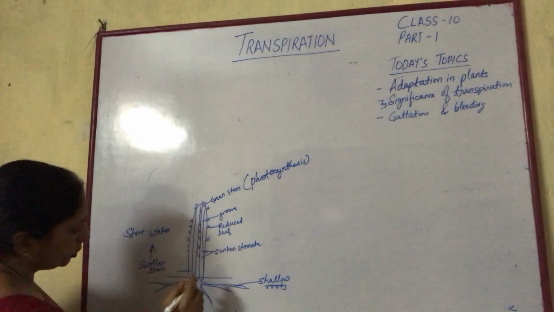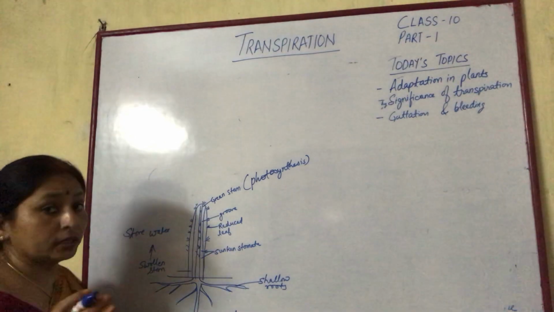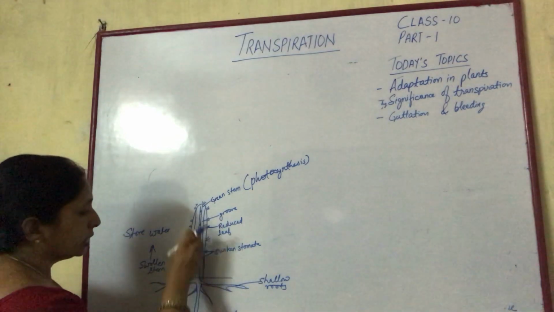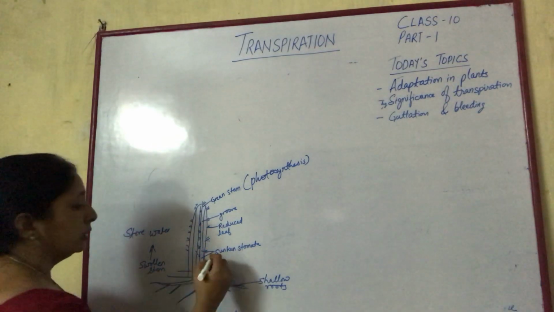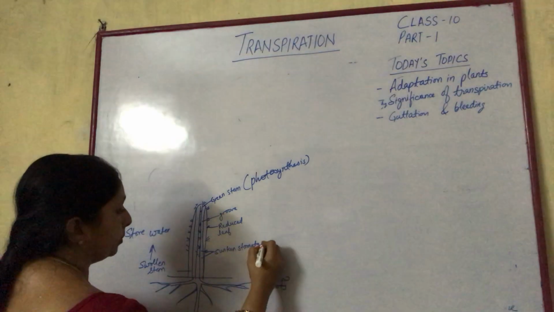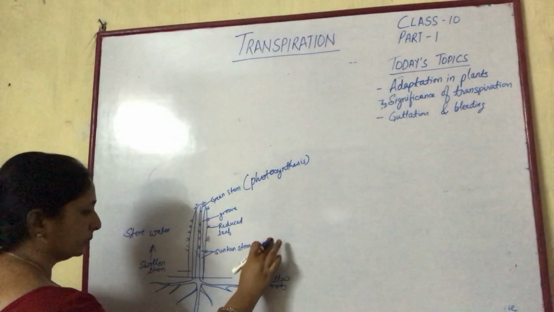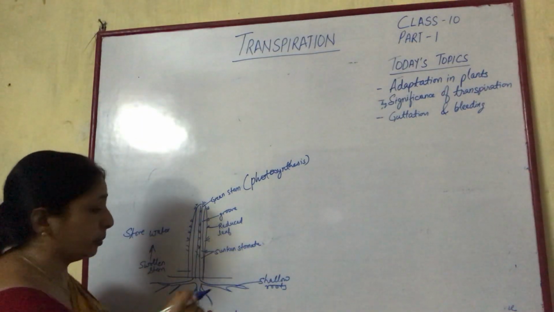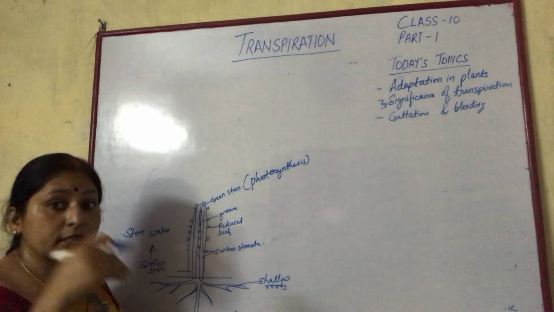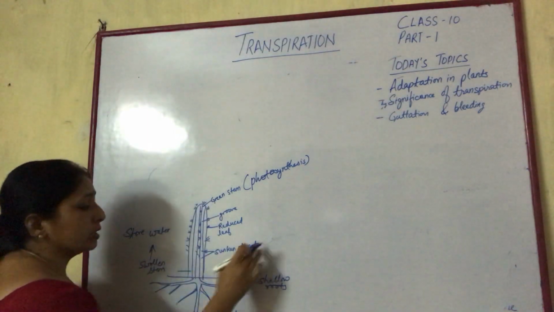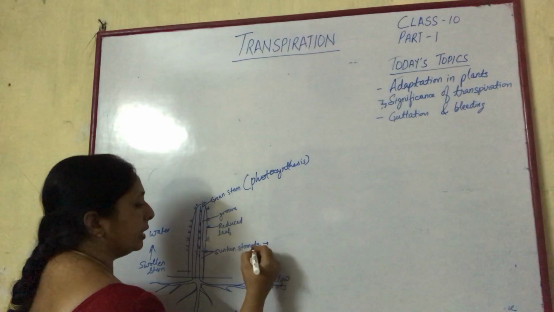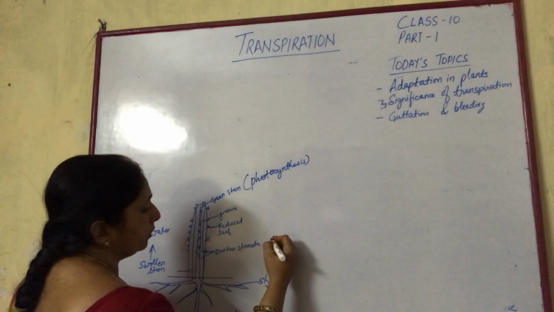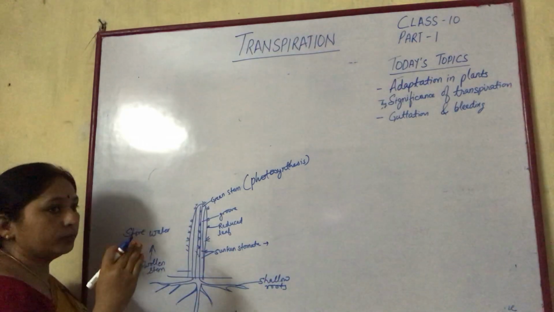Then in the diagram you can see the grooves. These diagrams are given in your book also; you can refer to the book. Grooves in the stem represent sunken stomata, where the stomata move towards the inside to reduce transpirational loss caused by high speed wind, as the wind velocity is higher in desert areas.